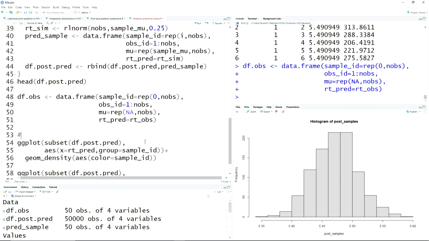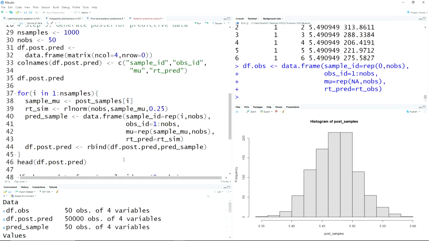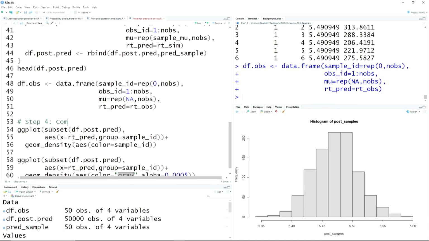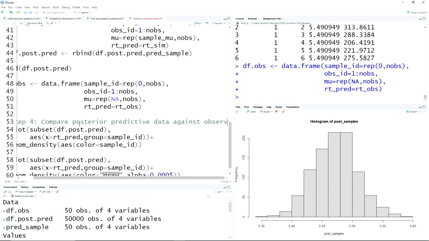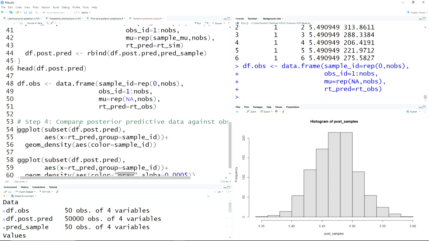So, let me call it step 4, compare posterior predictive data against observed data. That is what we are going to do here.